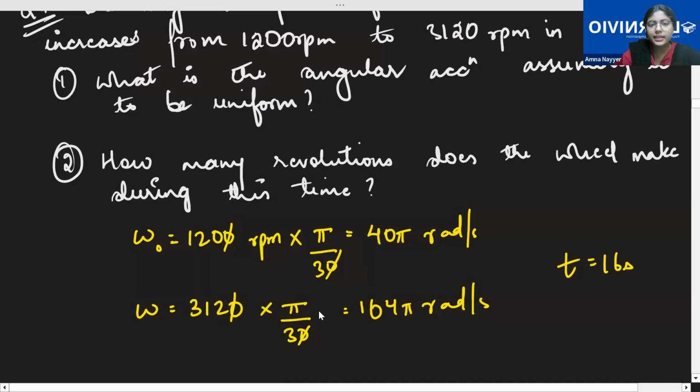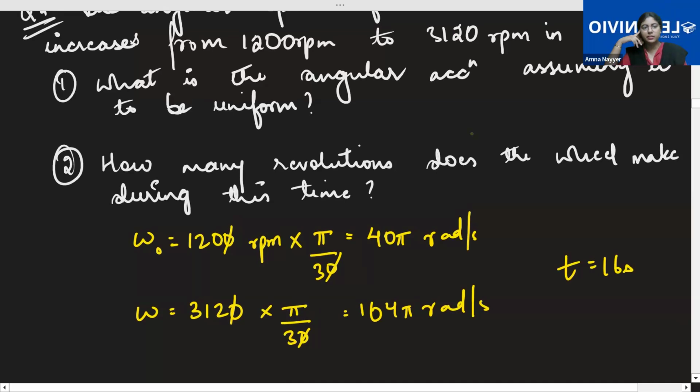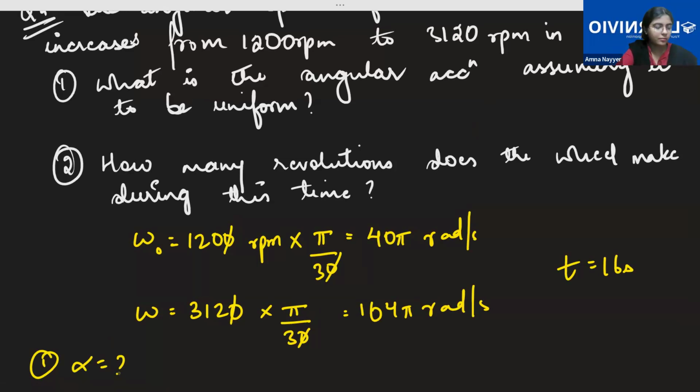Yes, Tahura, tell me the equation. Which equation is applicable here, Tahura? Omega naught we have, omega we have, T we have, and alpha we have to find out in the first part. Three equations we have studied.